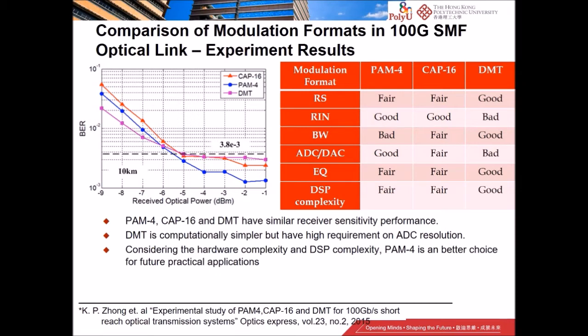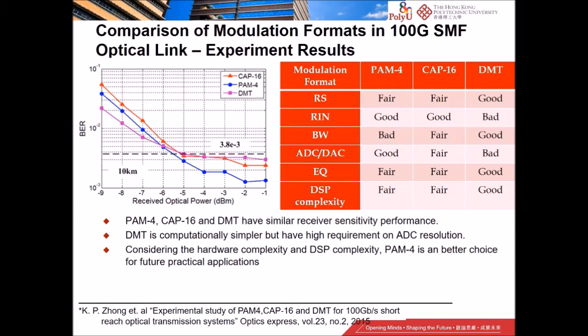Naturally, compared to PAM4 signals, DMT signals look more like analog signals. So you would need higher ADC and DAC resolution, obviously. Also, DMT signals, for the same reason, would require better linear amplifiers when the signal is in the electrical domain.